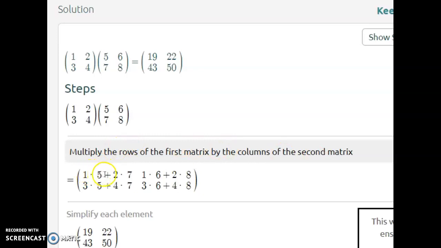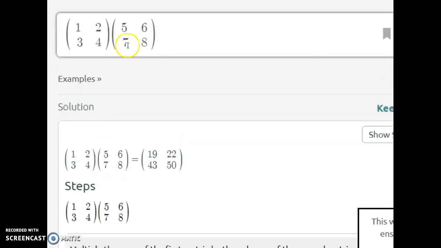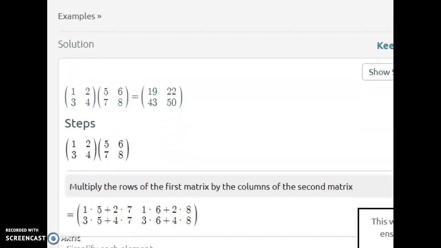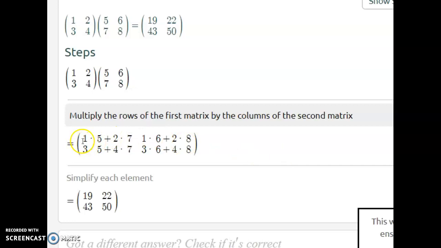And because it's the first row times the first column, that goes into the first row and first column of the matrix. So 1 times 5 plus 2 times 7, that's the first element here, first row, first column, and that of course comes out to 19.